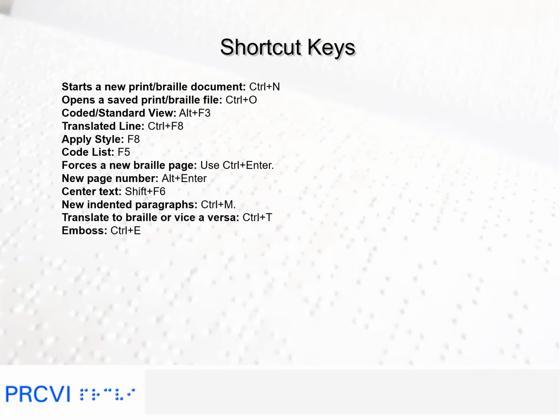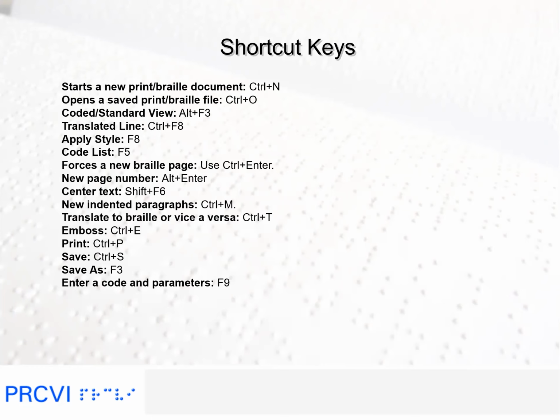Control E will emboss the document. Control plus P will print the document. Control plus S will save the file. F3 key will do save as.